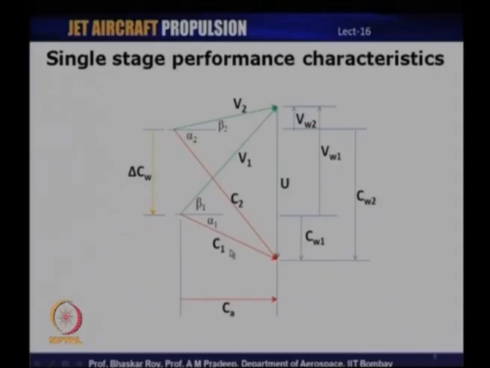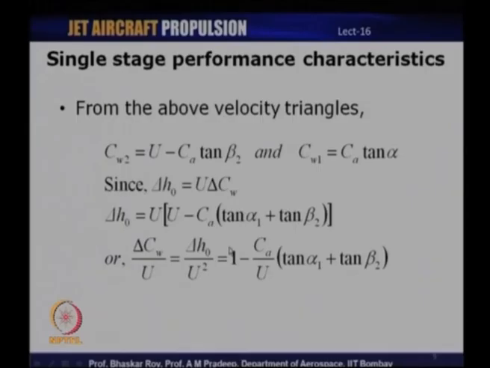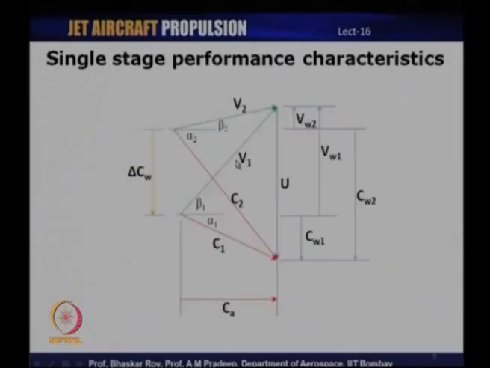So, with this in mind, from the velocity triangles we can infer that Cw2 is equal to U minus Ca tan beta 2. So, let us see where that comes from. Cw2 is this component. This should be equal to U, which is the blade speed, minus this particular component, which is what is given by Ca tan beta 2.